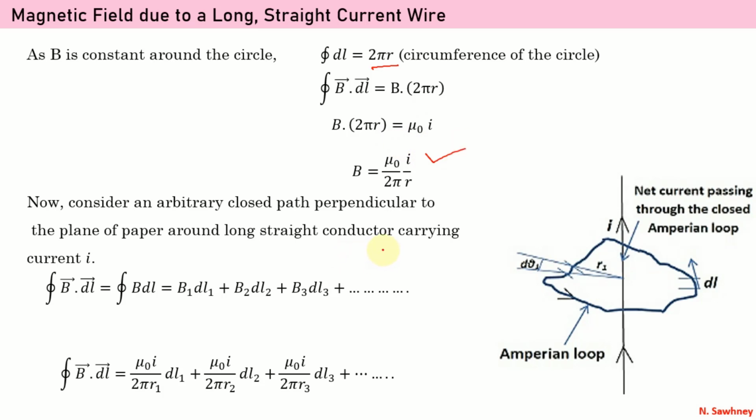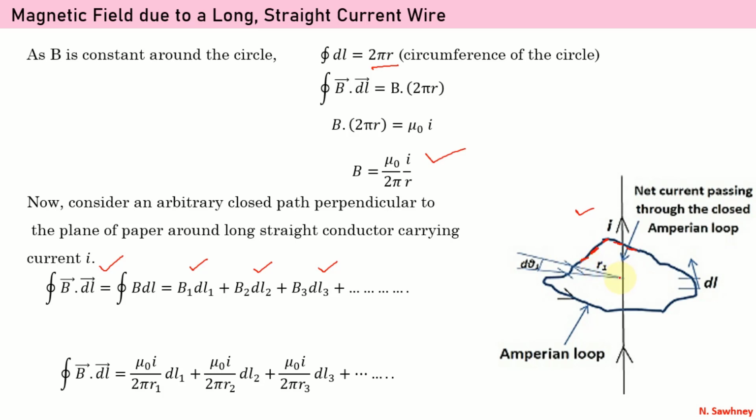Now consider an arbitrary closed path perpendicular to the plane of the paper around long straight conductor carrying current I, as shown here. This is an irregular shape, and we have considered a number of element parts dl1, dl2 and so on. So the line integral of B dot dl can be written as B1 dl1 plus B2 dl2 plus B3 dl3 and so on to cover the entire loop, where B1, B2, B3 are the magnetic fields for elemental lengths dl1, dl2, dl3 and so on.